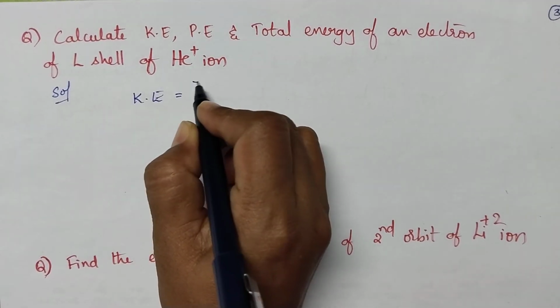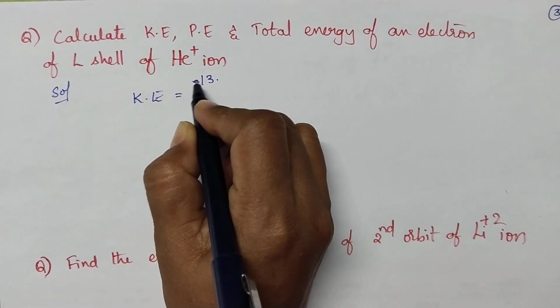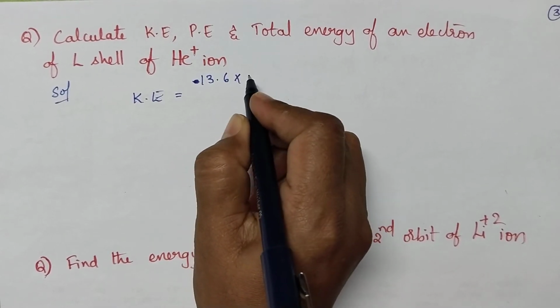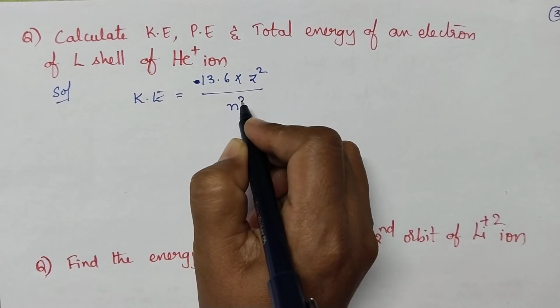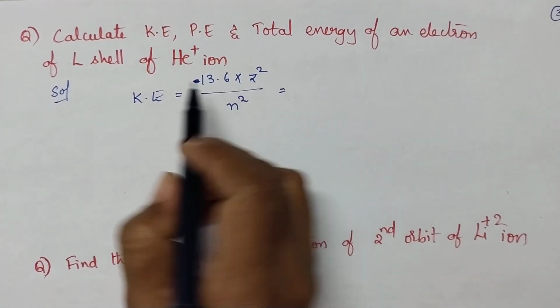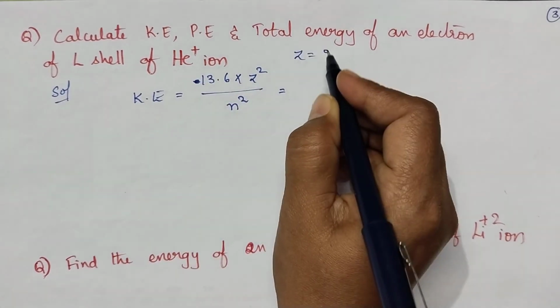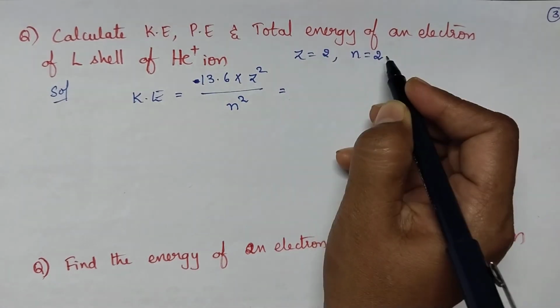That is equal to 13.6 into Z square by N square. Here Z is equal to 2 and N is also equal to 2.